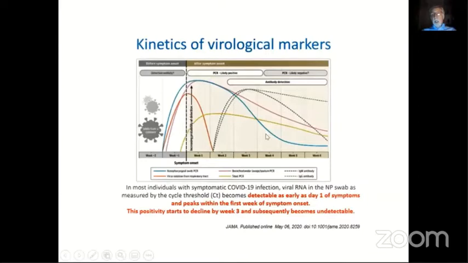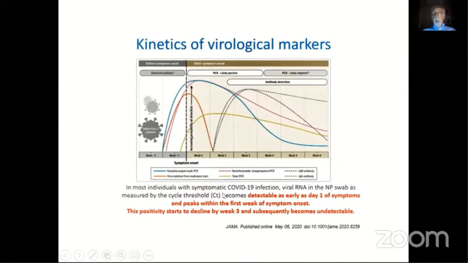Then they decrease slowly. I look at the blue line curve because nasopharyngeal is more popular. You see that it increases during the pre-symptomatic period, reaches the peak, and then decreases during the days.